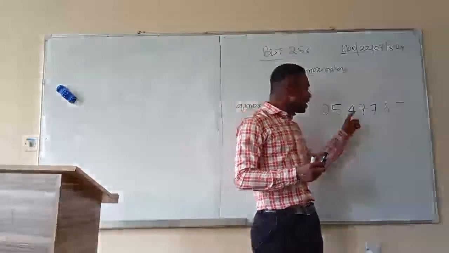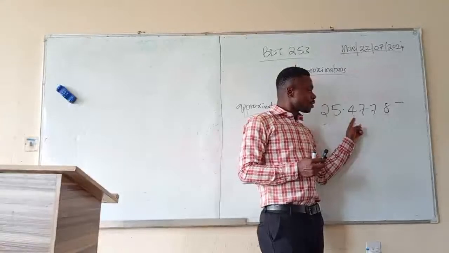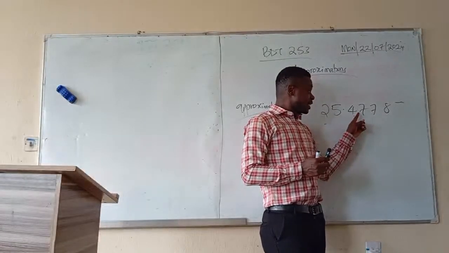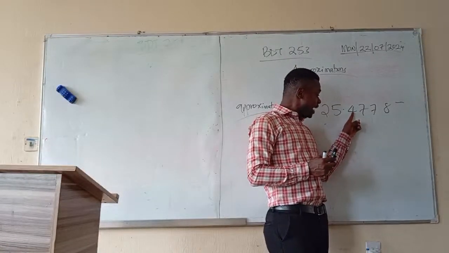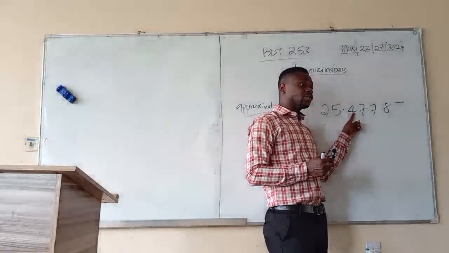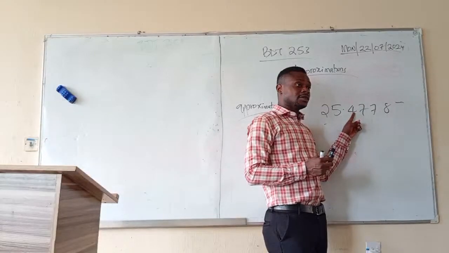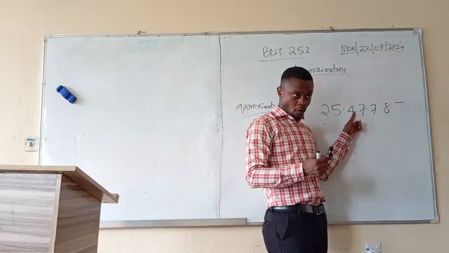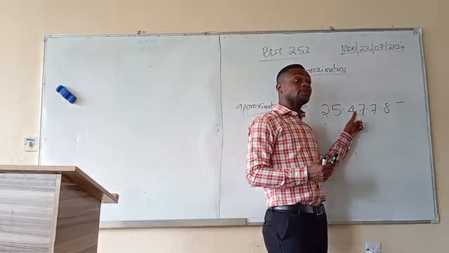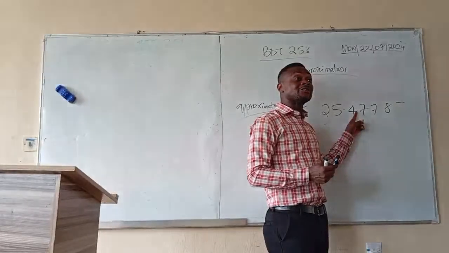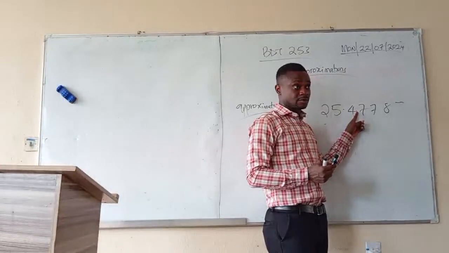Now it depends on the digit next to the right. If the digit next to the right of the digit you want to round is less than 5, let's assume 0, 1, 2, 3, 4, you round down.